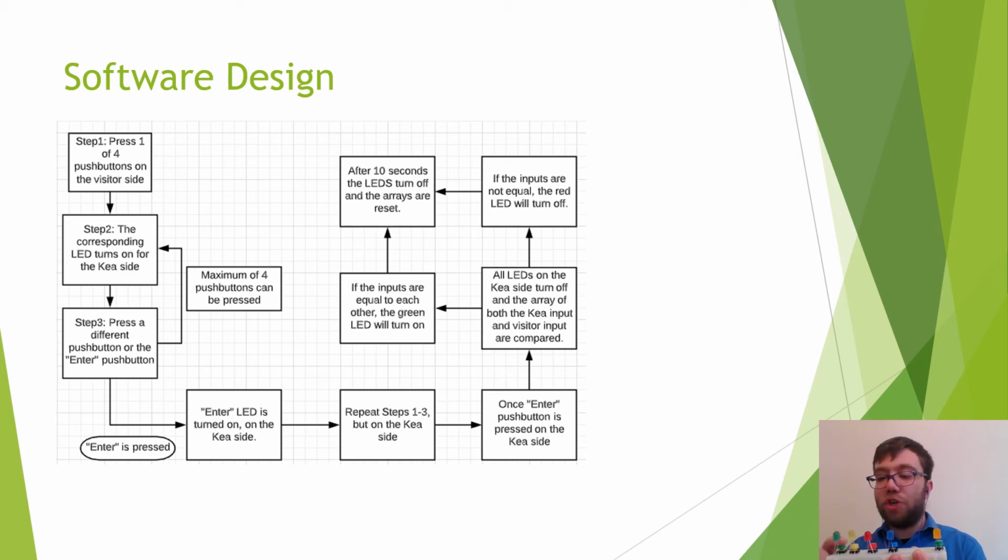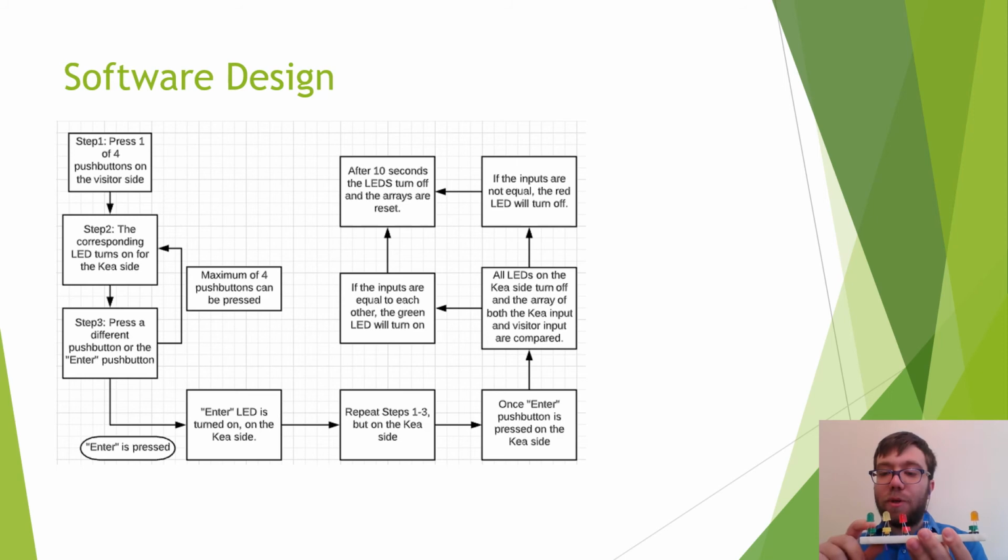So say green, yellow, and red were pressed on the visitor side, and then the enter button, those LEDs will light up in that order, and then the Kia bird will press those corresponding push buttons on their side.